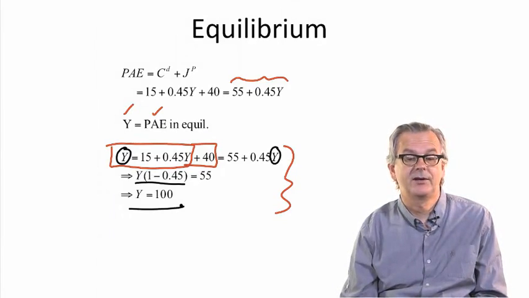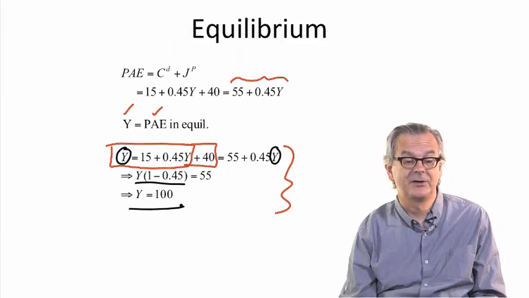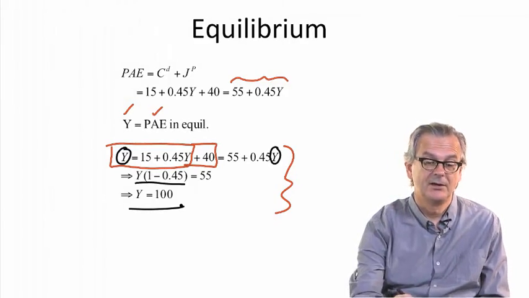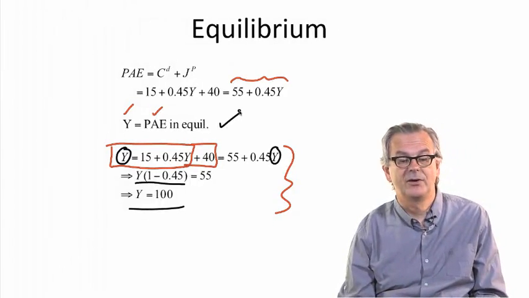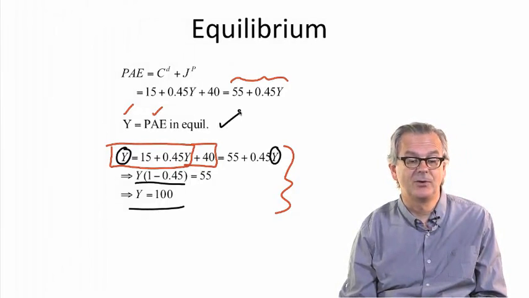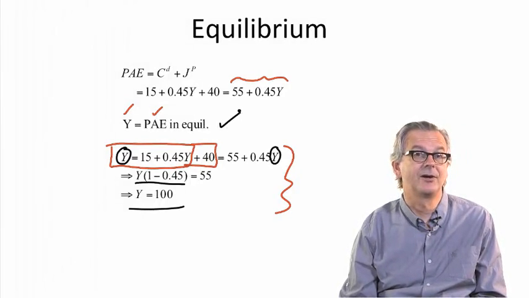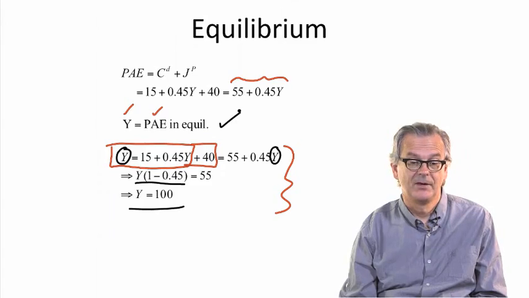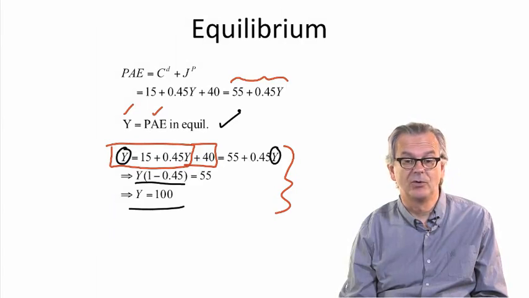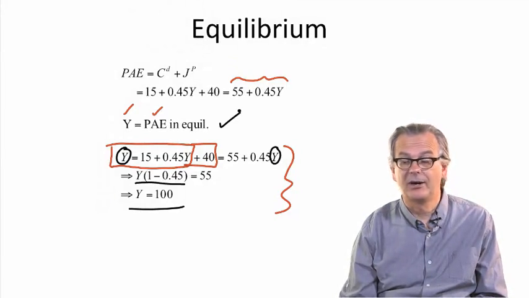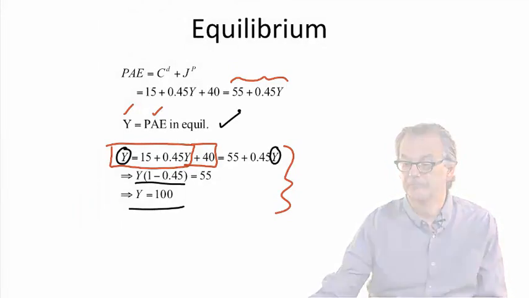This is just a quick back-of-the-envelope way of establishing what the equilibrium must be, making use very much of the concept that equilibrium is where GDP and planned aggregate expenditure are equal. So I don't really mind which way you do it, either the diagram or this, though from here on we're going to work primarily with the diagram.